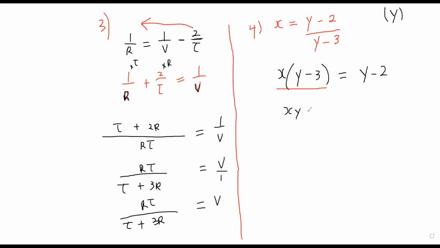Then x times minus 3 gives me minus 3x. All right. Good, and then we're left with y minus 2 on this side.